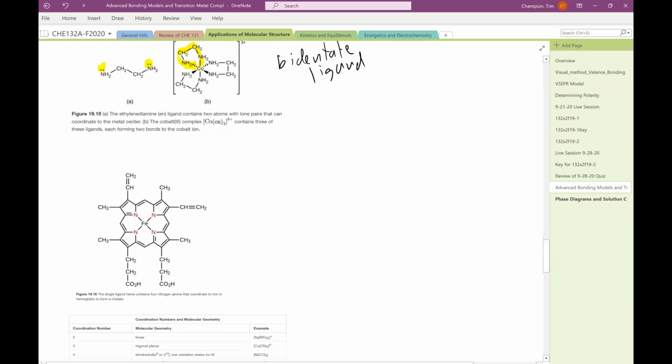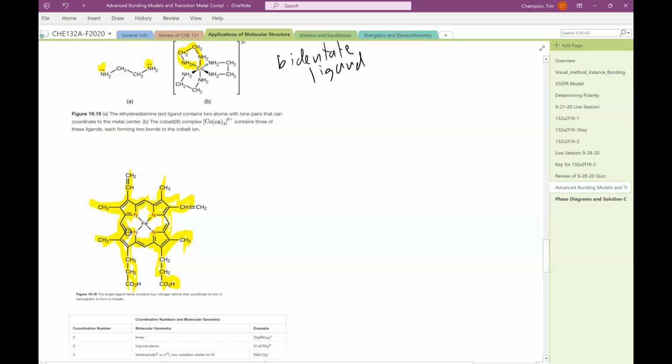Here is a real beaut of a ligand. This is the heme ligand here, and I'll draw this around here, this whole thing. And you walk around with a big supply of this because it's in every hemoglobin molecule in your body, and hemoglobin, I think, is something like 97% by mass of the red blood cell.